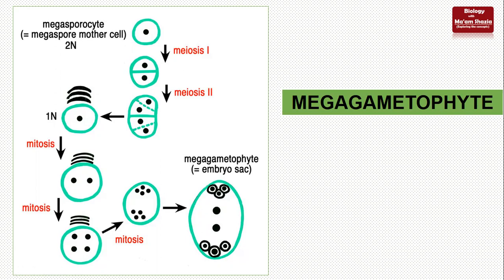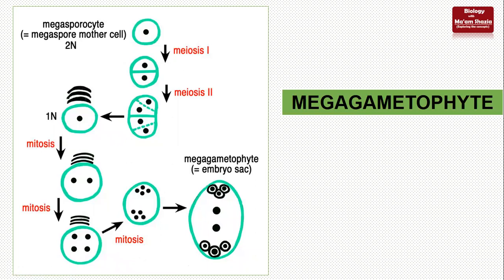This megaspore, through mitosis, is going to develop the megagametophyte. The first mitosis, then the second mitosis. This megaspore produces two nuclei after mitosis, then four nuclei. After the third mitosis, it will have eight nuclei inside each ovule.